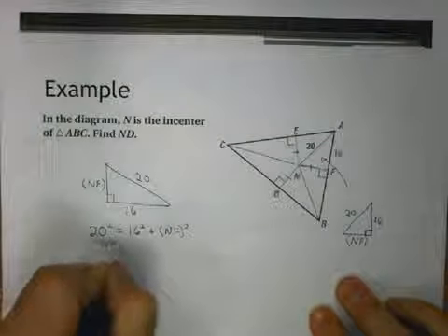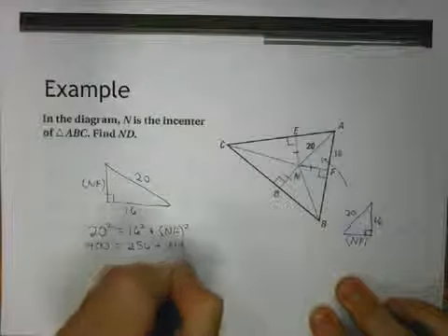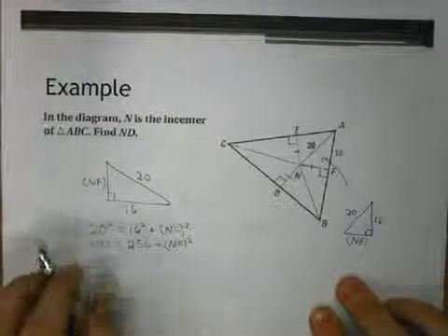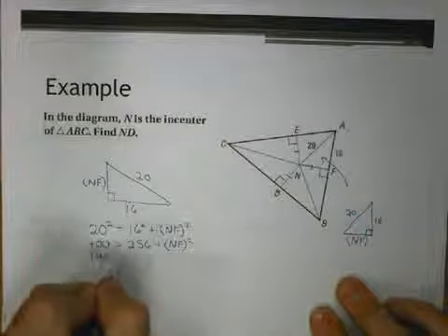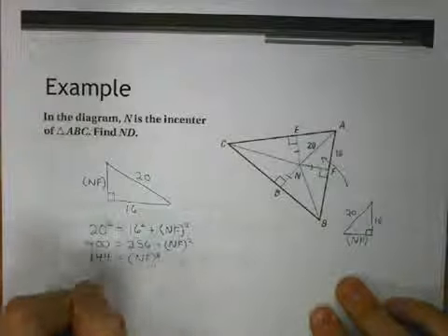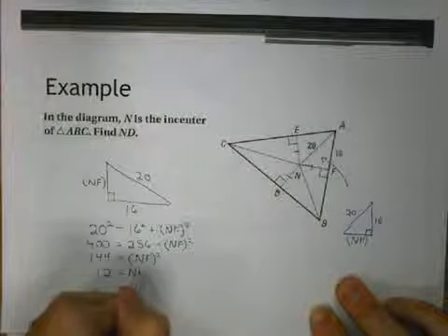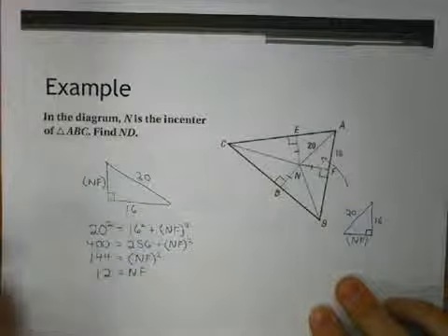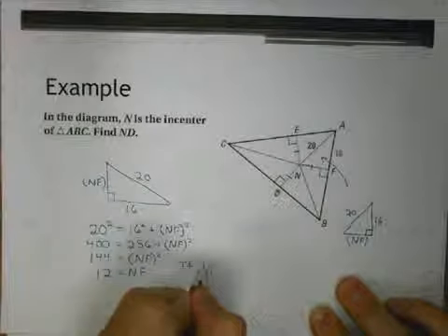So the Pythagorean theorem tells us that 20 squared equals 16 squared plus NF squared. If you just want to call this X or A or B or something here, that's fine. We square everything, we get 400 equals 256 plus NF squared. If I subtract 256 from 400, I get 144 equals NF squared.